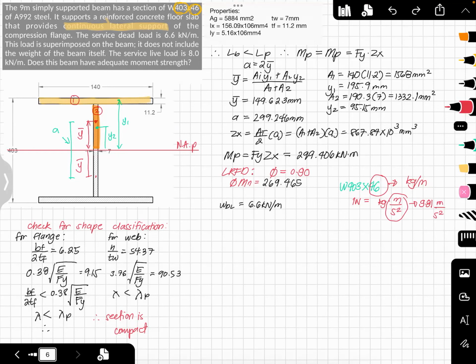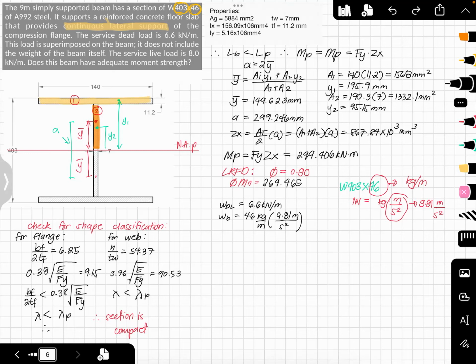So for the weight of the beam, WB, we have 46 kilogram per meter times 9.81 meter per second squared.